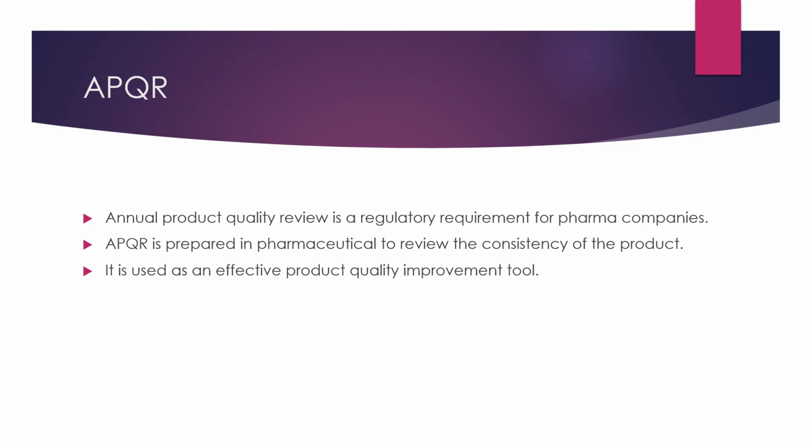So here we see that it is a regulatory requirement, and APQR shows the consistency of the product that we are manufacturing, as well as it helps as a quality improvement tool. To meet all these things, we have to compile the APQR.